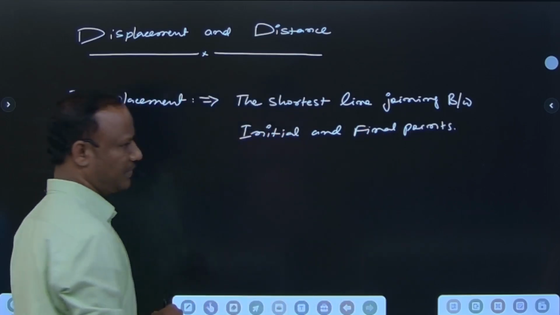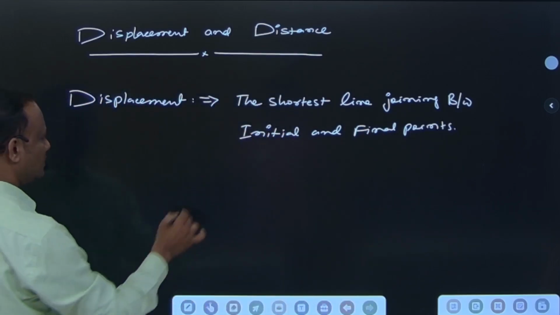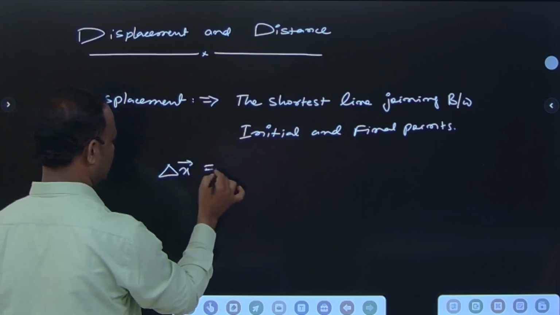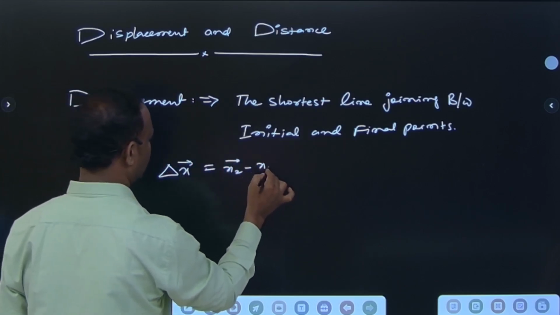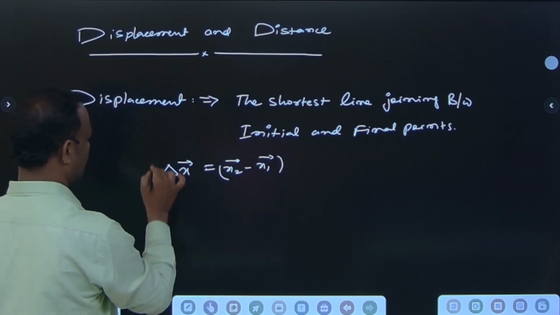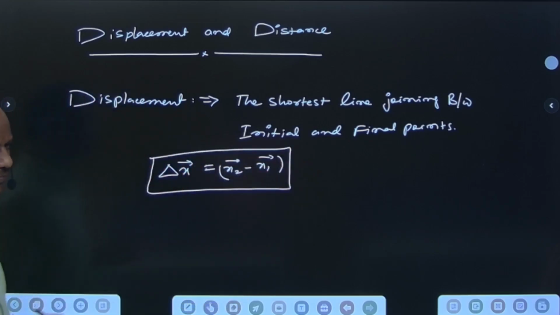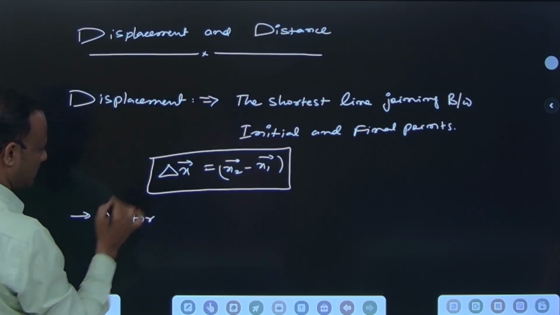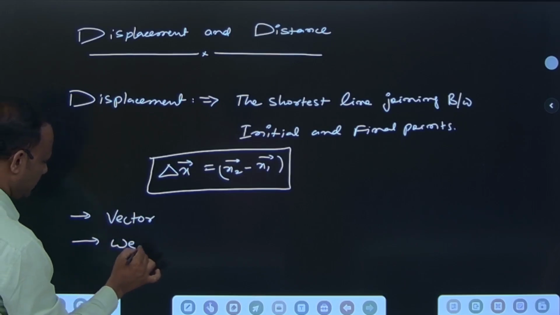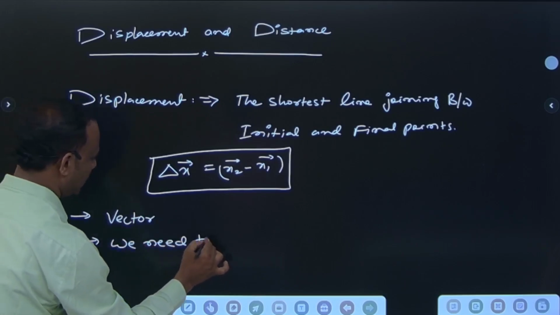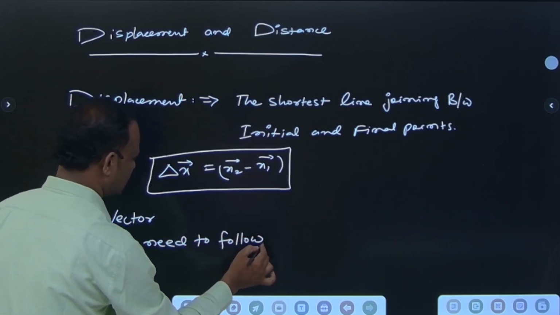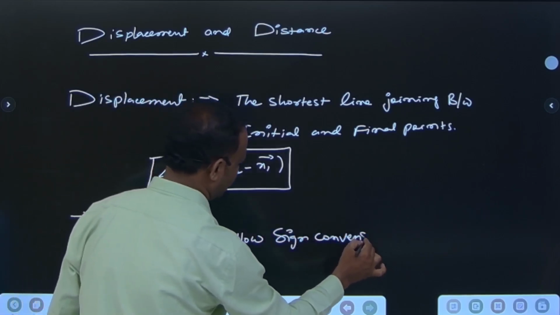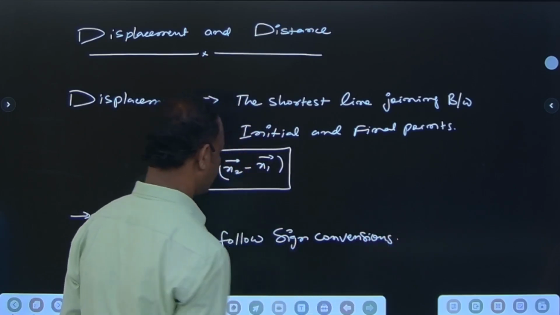That's it. Displacement delta x bar, it's a vector, is equal to x2 bar minus x1 bar. It is a vector quantity, which means we need to follow sign conventions.